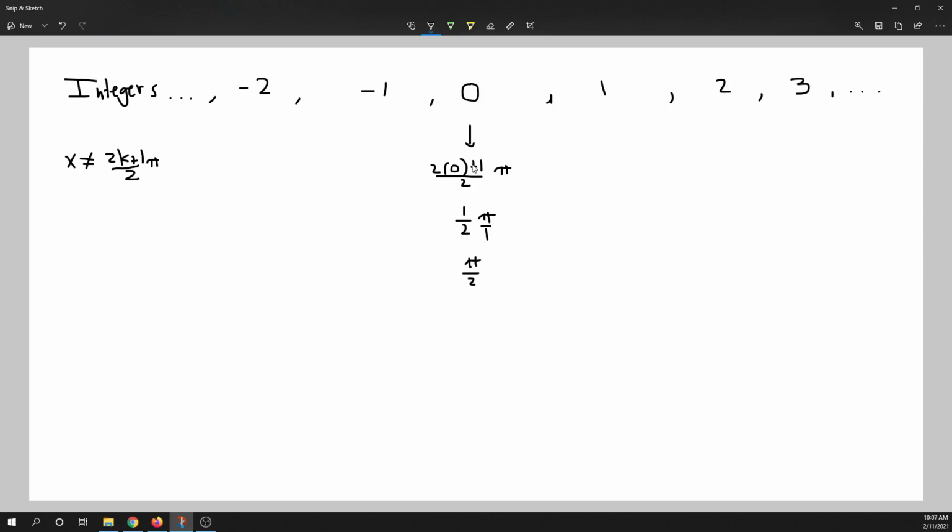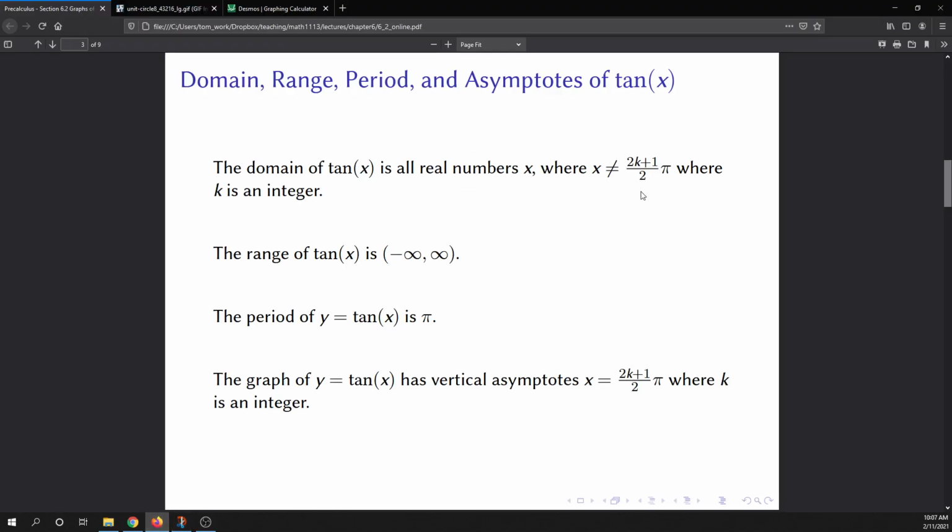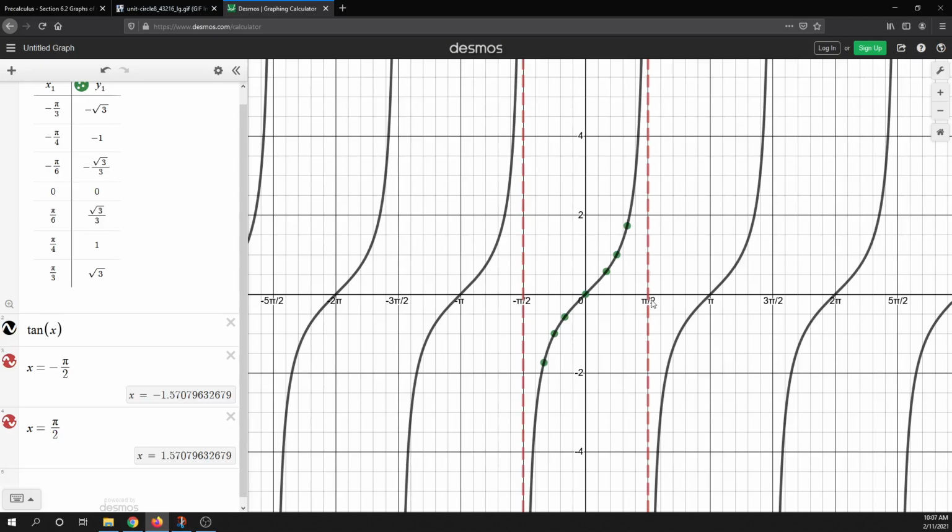All right, so that tells you a place that's not in the domain, pi over 2. In other words, a place where the tangent function is undefined. And we can see that that's this place right here.